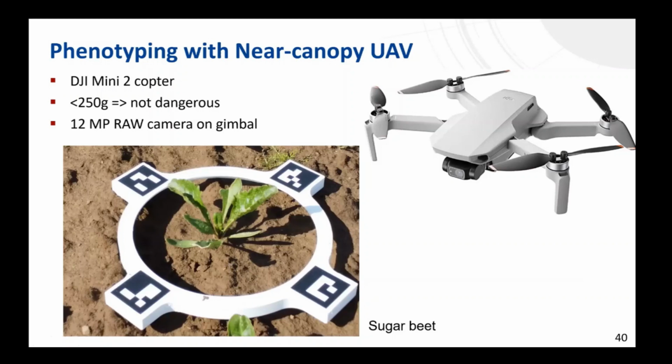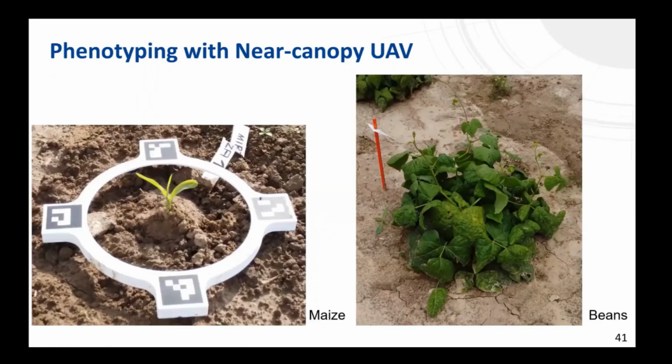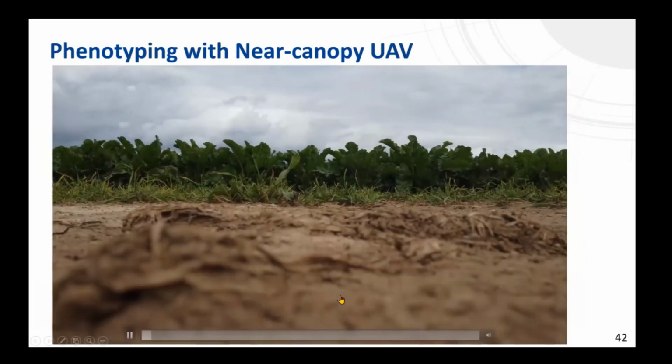We place some markers next to the plant to facilitate camera pose estimation, which will be the basis for the reconstructions of the plant. Here are other examples, small maize plants and nearby beans.